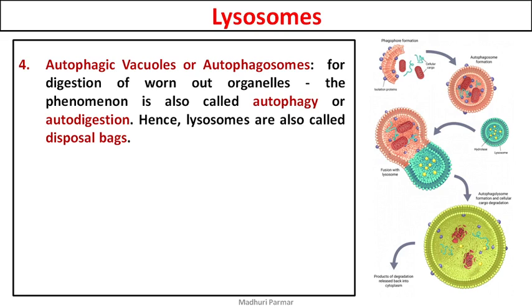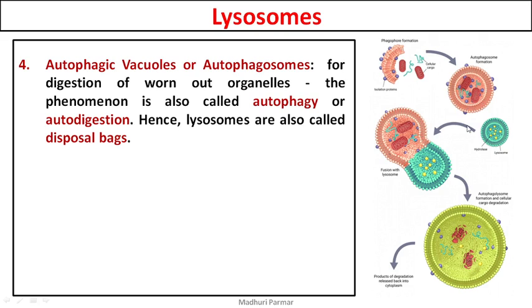This phenomenon is called autophagy or autodigestion. And so lysosomes are also called disposal bags, to dispose of things. Just see here, you can see there is an autophagosome forming around the mitochondria, which are supposed to be digested because they have become old.